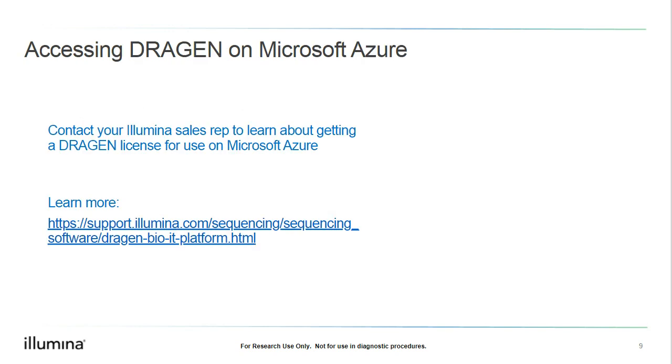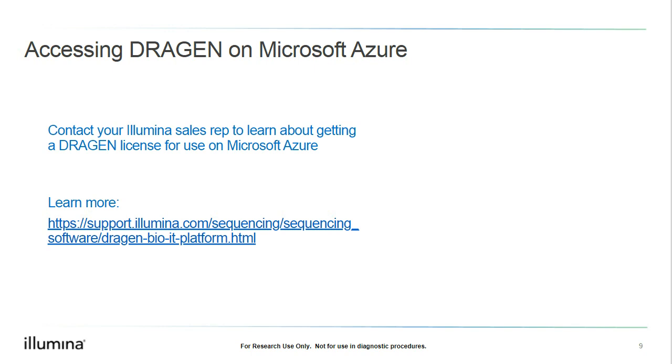As we said earlier, if you have Azure access and you want to test or try DRAGEN in Azure, then please reach out to your Illumina sales rep. We also have some information on running DRAGEN with Azure at this link over here. We have also validated that DRAGEN can work with Azure Batch.